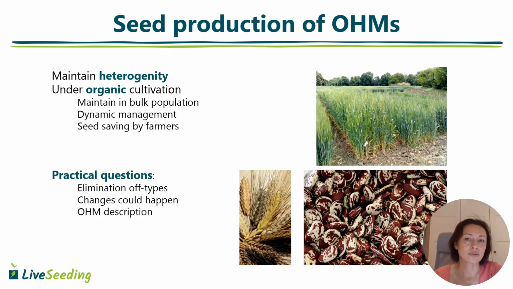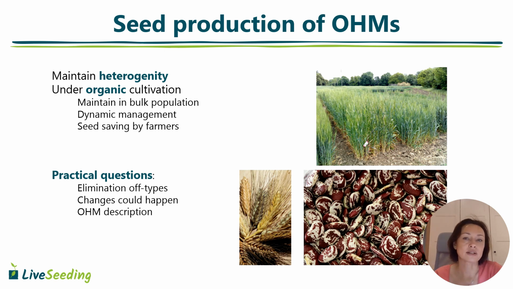Seed production of OHM involves two main requirements. The heterogeneity of the material must be maintained. The entire process must be conducted under organic farming conditions. Since OHM production is relatively new, seed production practices are still evolving. One method is to maintain OHM as a bulk population.